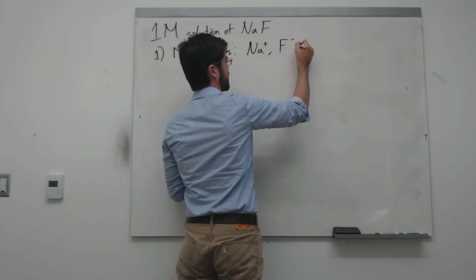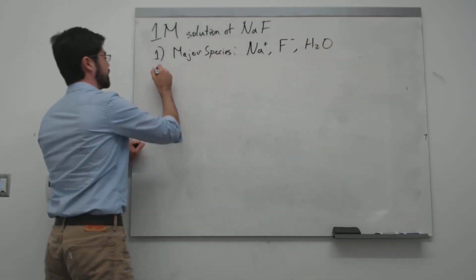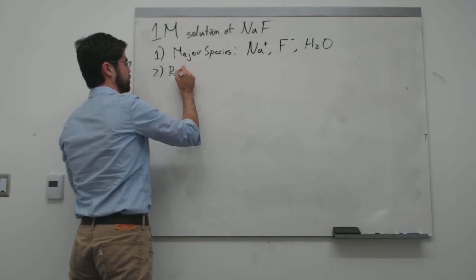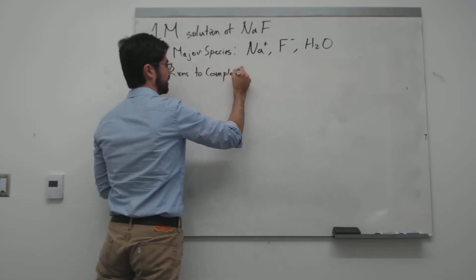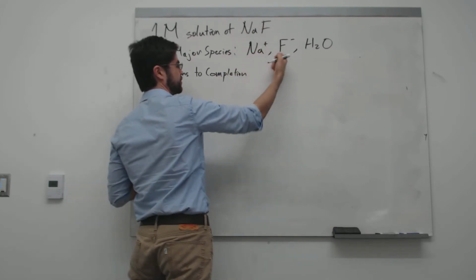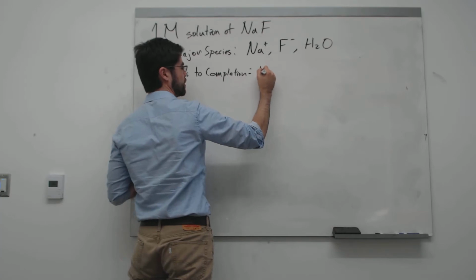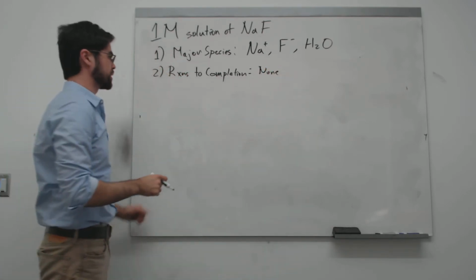I should have fluoride ions, and I should have water present. Are there any reactions that go to completion? Well, other than the dissociation of sodium fluoride into sodium plus and fluoride minus, there are no other reactions here that go all the way to products.